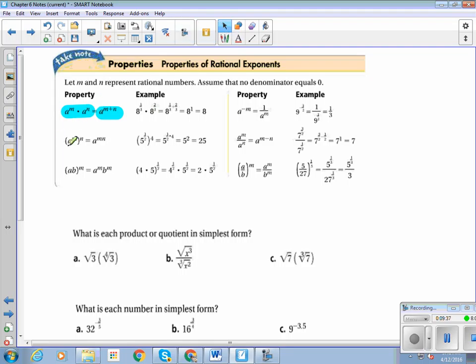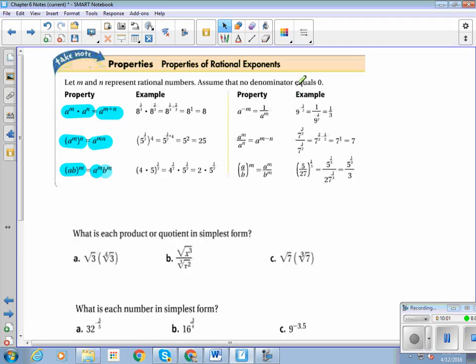When you raise a base with a power to another power, you multiply the powers. When you have multiplication inside parentheses raising to a power, you can rewrite that as each individual item raised to that power and then multiply.